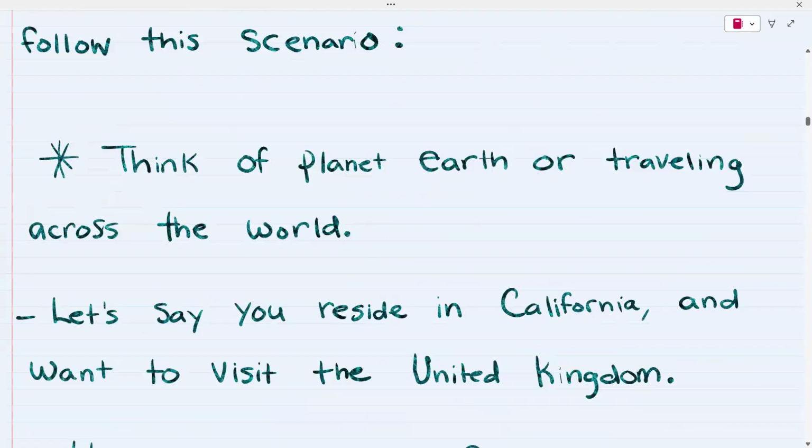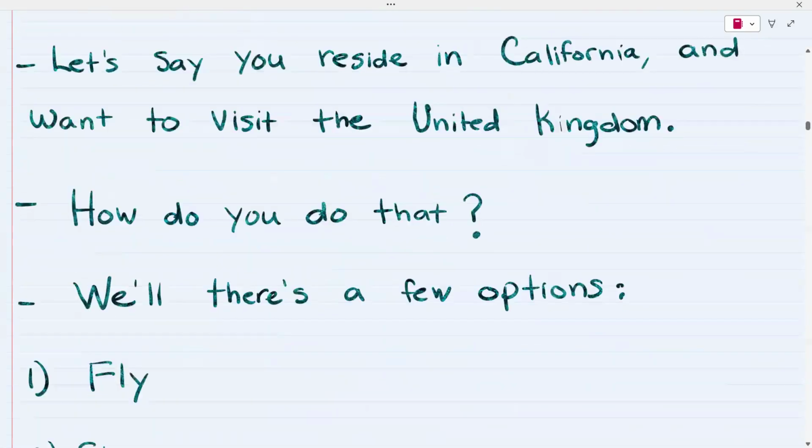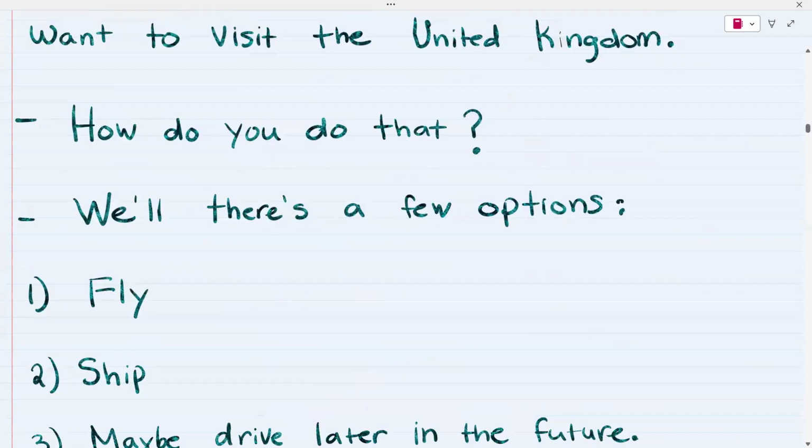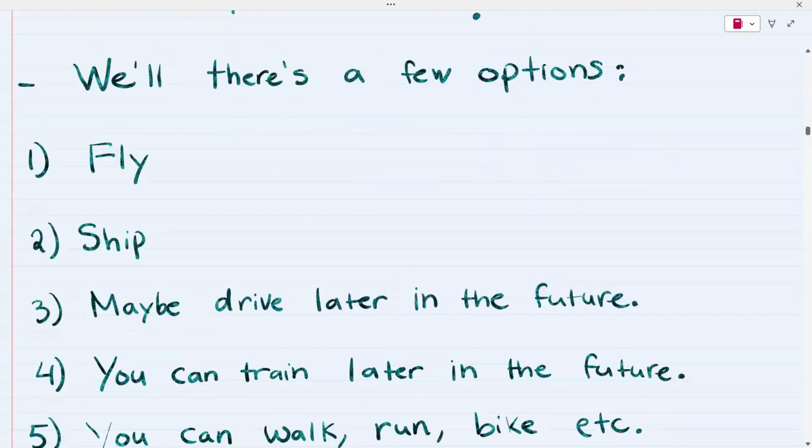Let's say you reside in California and you want to visit the United Kingdom. How do you do that? Well, there's a few options. One, you can fly. Two, you can take a ship. Three, maybe drive later in the future. Or you can take a train later in the future.